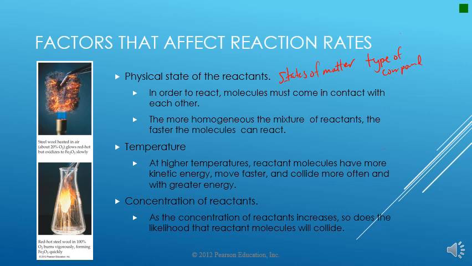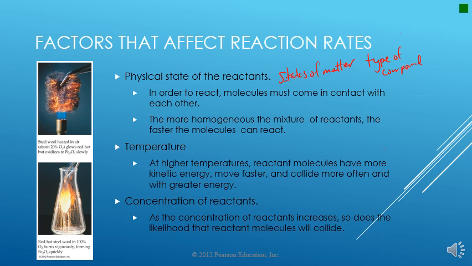So in order for the molecules of a covalent compound to actually create new compounds, they have to break a bunch of bonds between the different atoms within the molecule. So they're going to be a little bit slower in their reaction rate than the ionic compounds, because all the ionic compounds have to do is simply come in contact with another molecule and they will form the new compound.